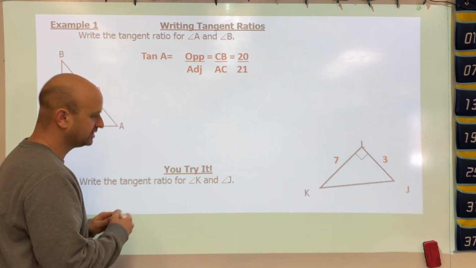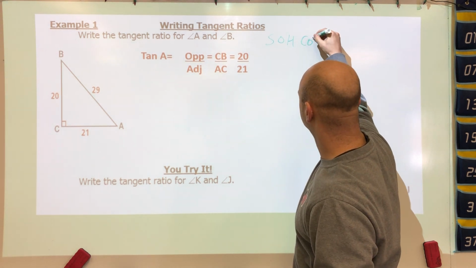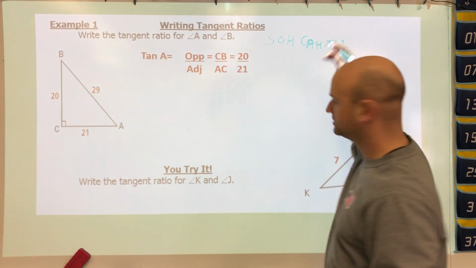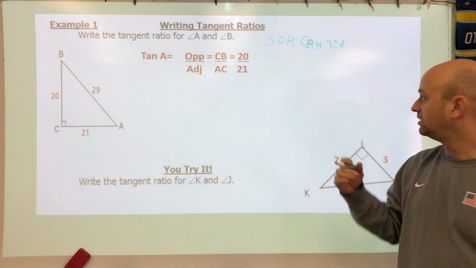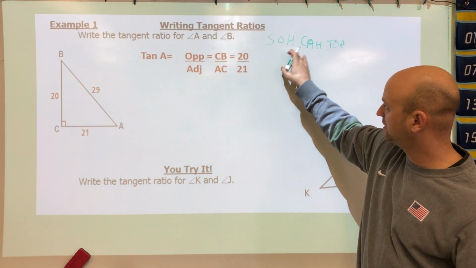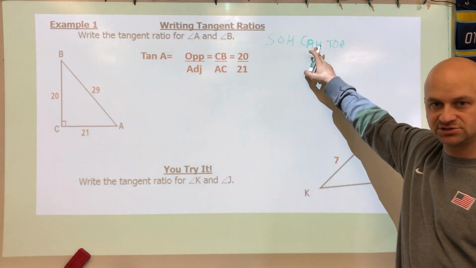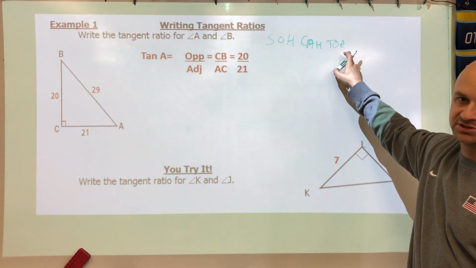One way to remember the ratios is a phrase called SOHCAHTOA, and it's similar to an Indian name like Sacagawea. So we say SOHCAHTOA, and that allows us to say sine is opposite over hypotenuse, cosine is adjacent over hypotenuse, and tangent is opposite over adjacent.